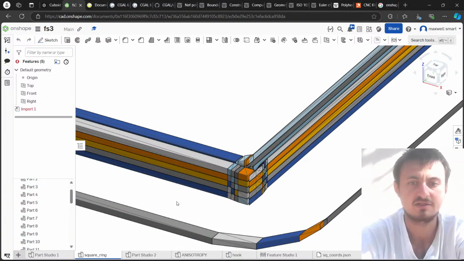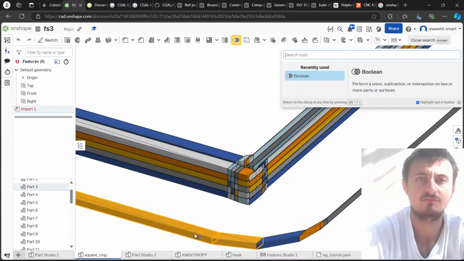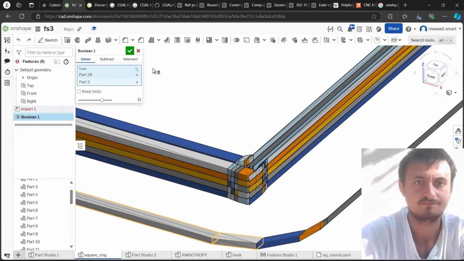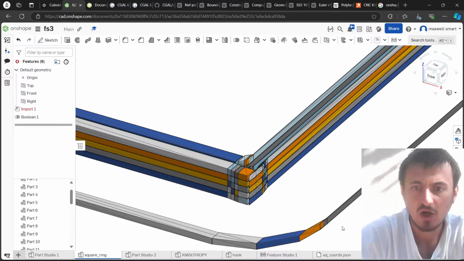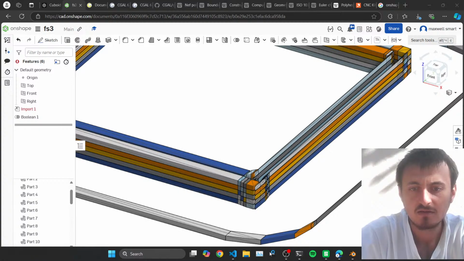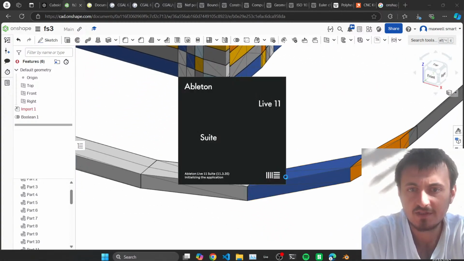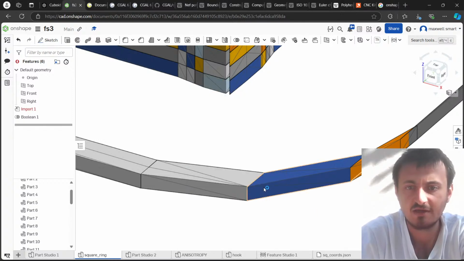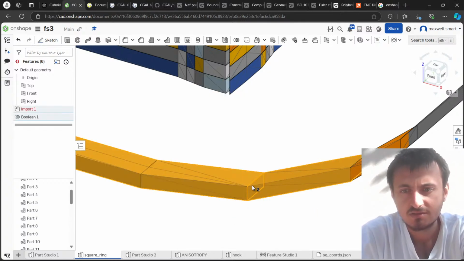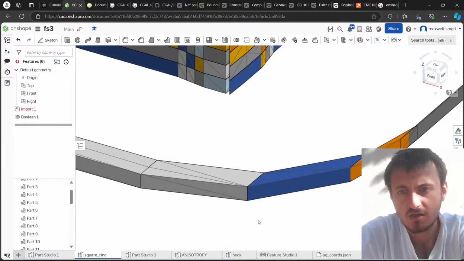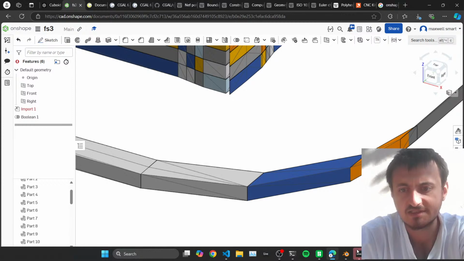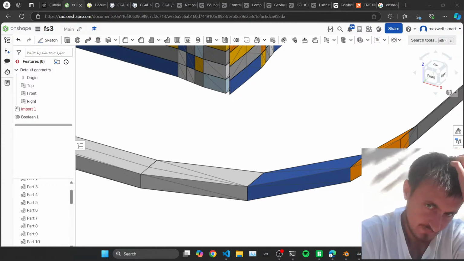Okay, let's select this, and we do Boolean. That's okay. Oh, and you know what's cool, actually? Do you see that? See how this... Oh, what happened? See how this... Huh. It's gotta be a sine cosine thing.